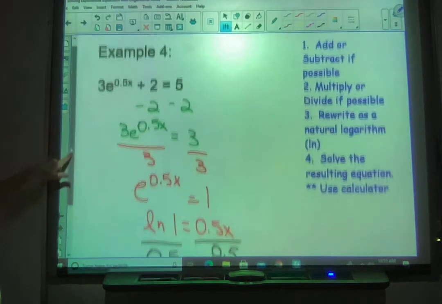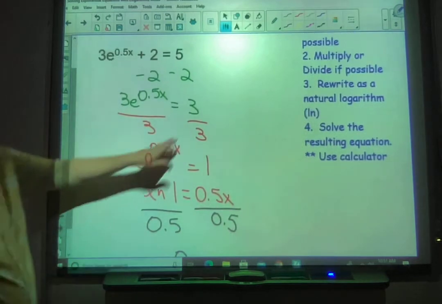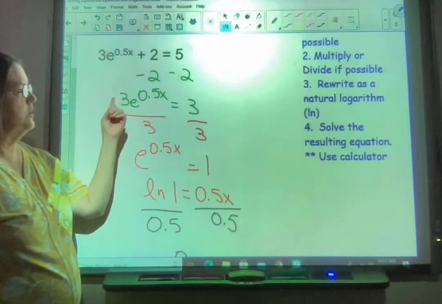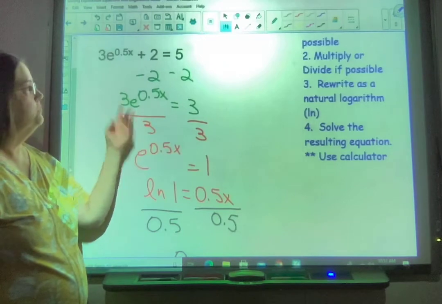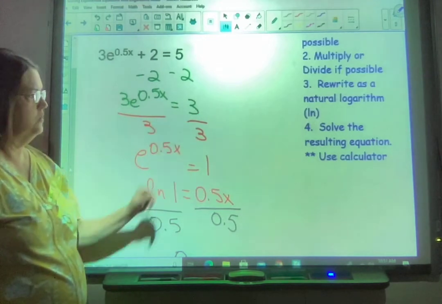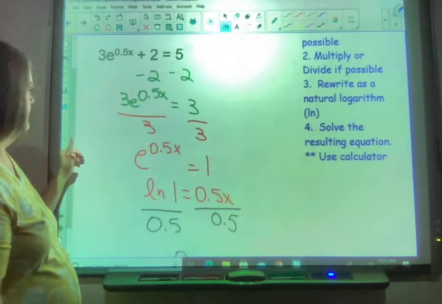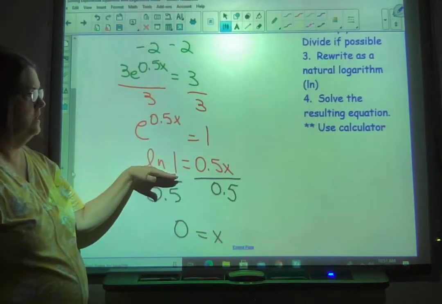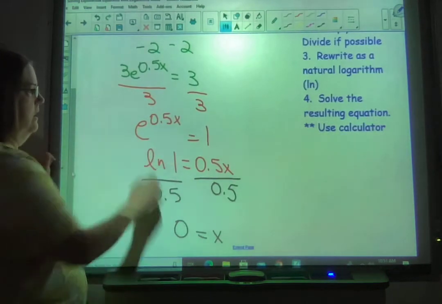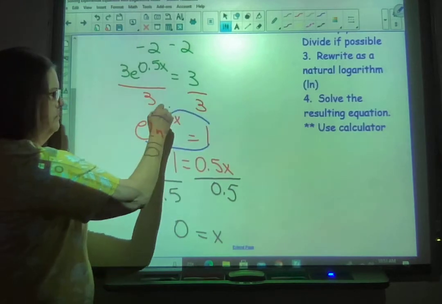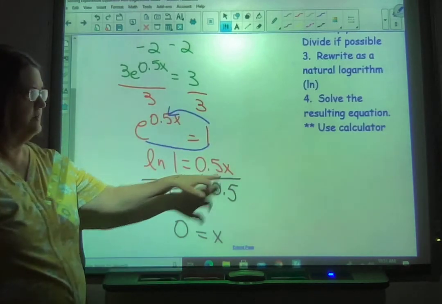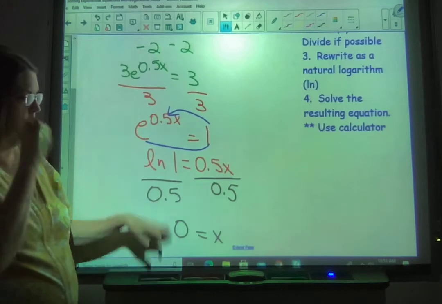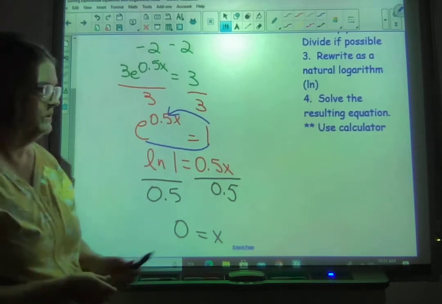Same thing on this one, subtract the 2, that gives us 3, and then we're going to divide by this 3. That's going to give us 1. Then we have natural log of 1, and natural log of 1 is 0, but beside the point. When we rewrote it, natural log of 1 equals 0.5, then divide by 0.5, and our answer is 0.